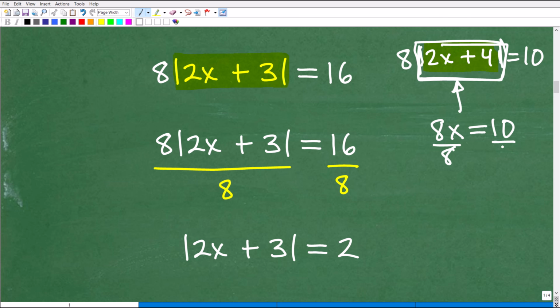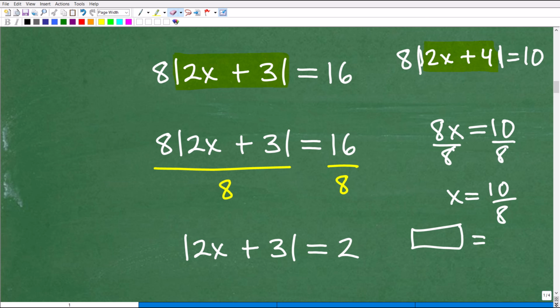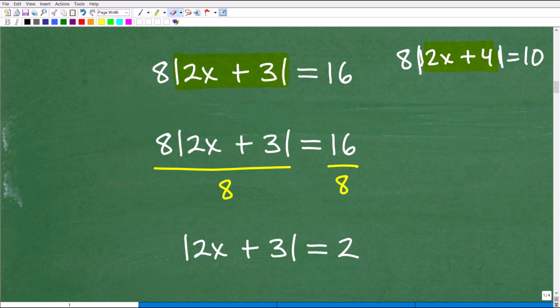So here I'm going to go ahead and divide both sides of the equation by 8. So x would be equal to 10 over 8. But this x is really that absolute value part. So you need to be able to conceptualize this absolute value function part like so. For some of you students out there, it might be a little bit confusing, but just think of this as one big variable for the first phase of this problem.